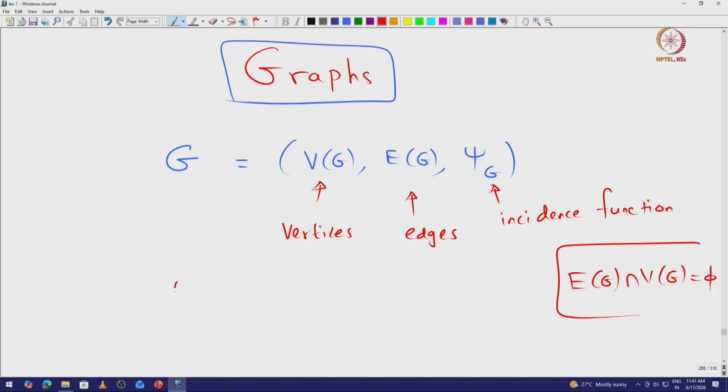So, this psi G is a function from E of G to some multisets of V of G. Let me write it as P 2 of V of G, and then I will explain what this P 2 of V of G is. Basically, given e, we assign the unordered tuple uv.